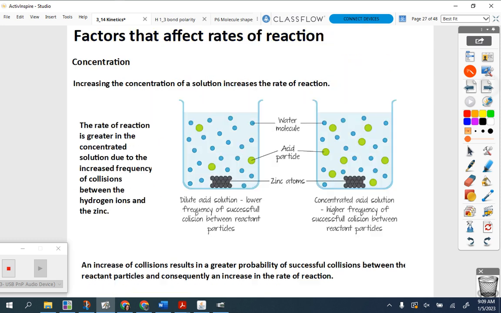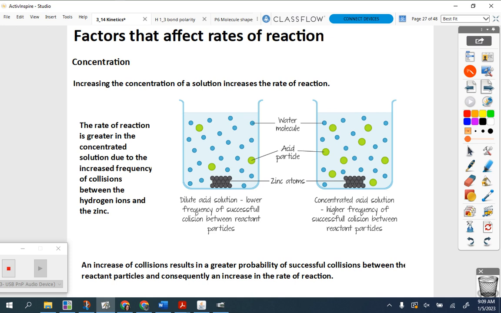All right, next factor is concentration. If we have more stuff, we have more collisions. So the picture here is showing you equal sized chunks of zinc in a hydrochloric acid solution. And we're basically saying this has a lower concentration of acid.